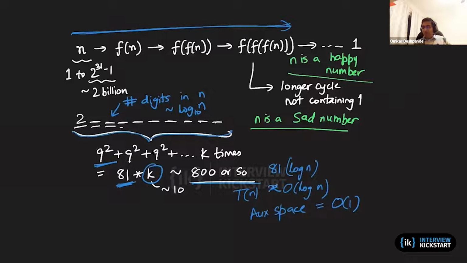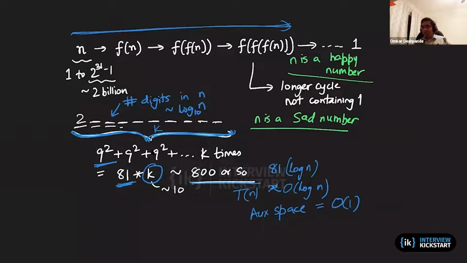So in base 10, if you are at 2 billion, whatever this is, let's say the number of digits here is k. What is the maximum value that you can get if you used k digits?